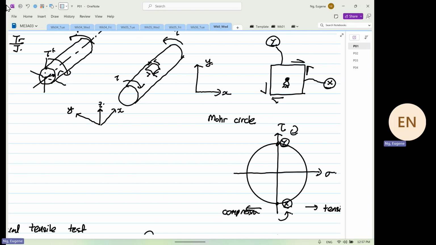If this is my point X, this is my point Y. Now I sketch Mohr's circle. This is my normal stress, shear stress; element rotates clockwise, element rotates anti-clockwise. So point X now will be up here. And point Y will be what? Down here. Then we start drawing our circle.